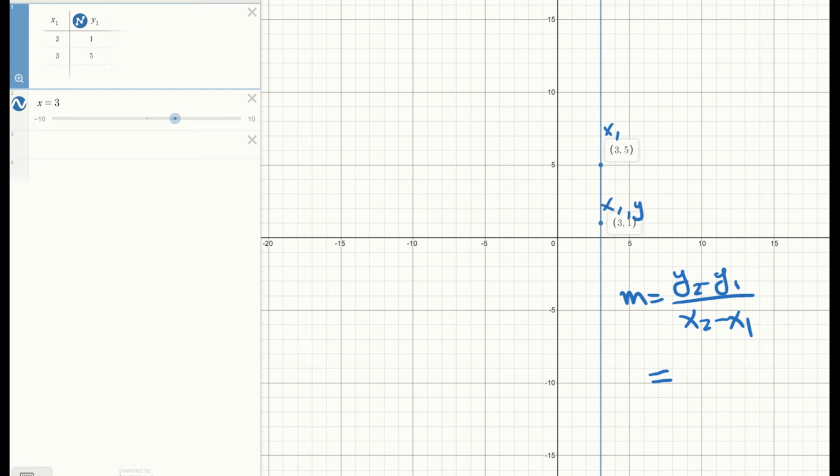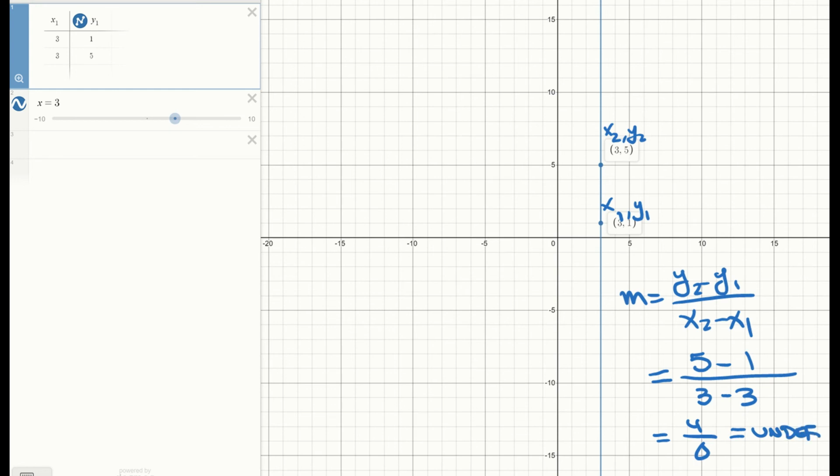Let me go with this as x1, y1 and this one as x2, y2. So y2 minus y1 becomes 5 minus 1, but the change in x is 3 minus 3. So that's going to be 4 over 0. And of course, we know that this is undefined.